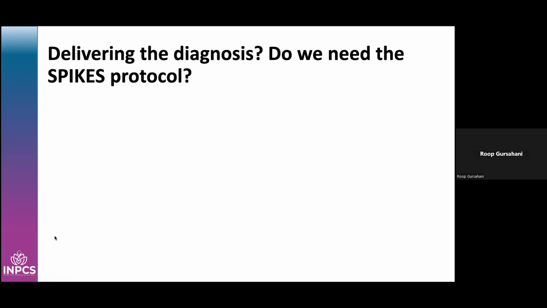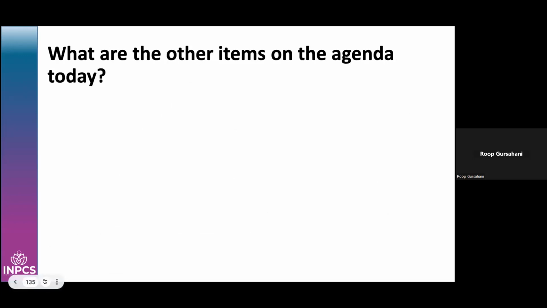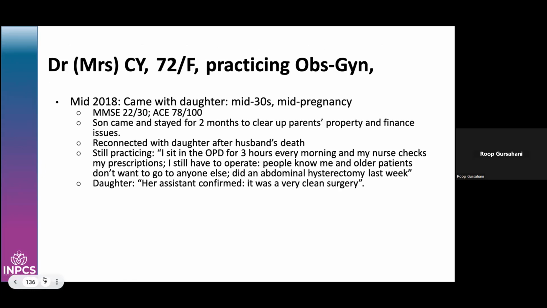And here again, remember, for a difficult diagnosis like that, you have to do it systematically using the SPIKES protocol. In situations like this, the diagnosis is not enough. There are other items on the agenda here, and I'll discuss those and tell you how these work out.